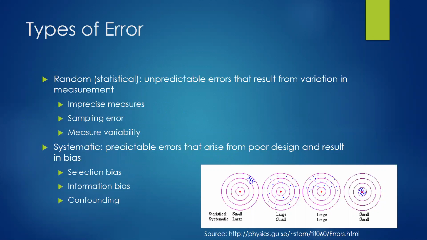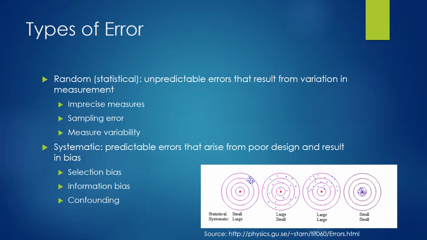At the bottom right here, you can see visual representations of what happens when we have these two types of errors. On the far right is the ideal setting when we have small random error and small systematic error. So assuming that bullseye is the truth, our data points are all pretty closely clustered around it in that scenario.